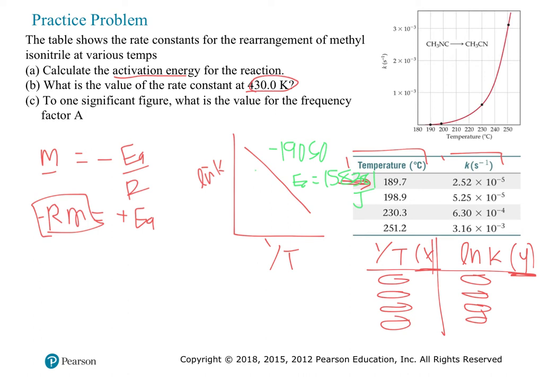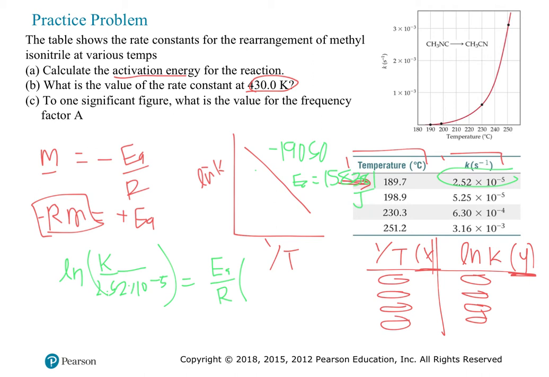Okay, so we have ln of K1 over K2. So I'll just do K1, we don't know what that is, and K2 I'll just put as the first one. So 2.52 times 10 to the negative 5th. Okay, that equals EA over R times 1 over the first temperature.